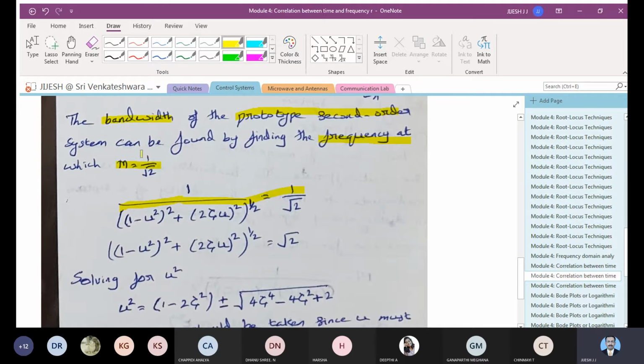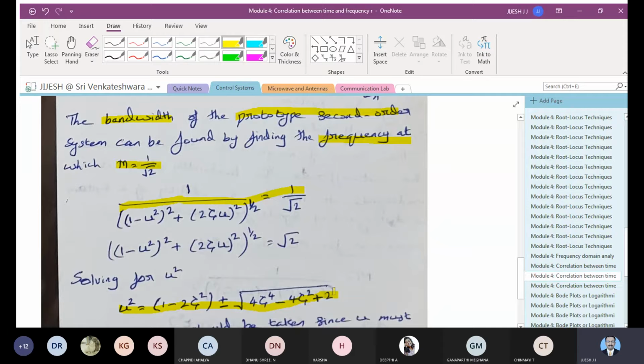When you solve for u square, you can make a note of this: you will get it as 1 minus 2 zeta square plus or minus root of 4 zeta raised to 4 minus 4 zeta square plus 2.